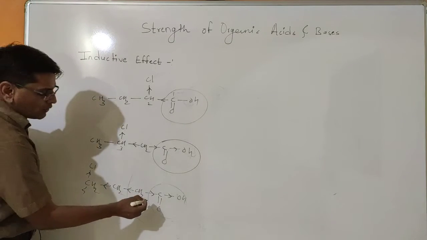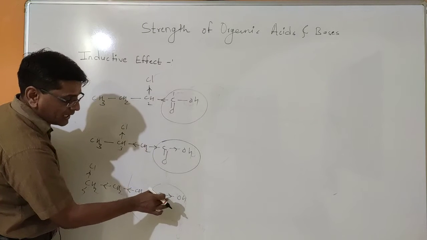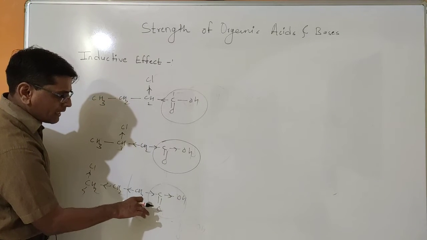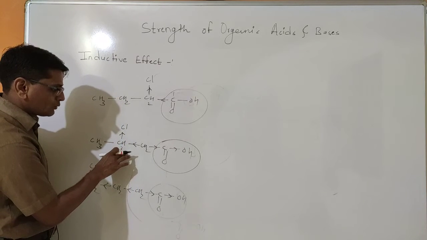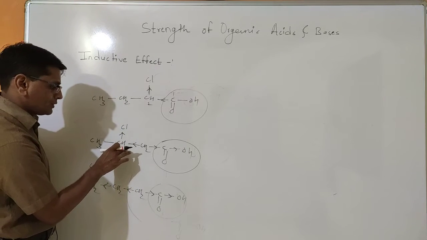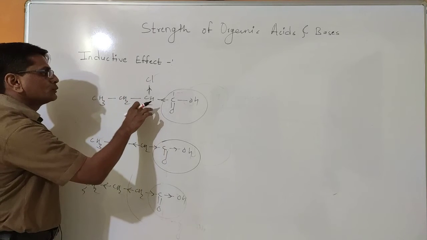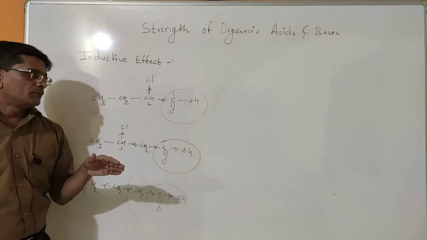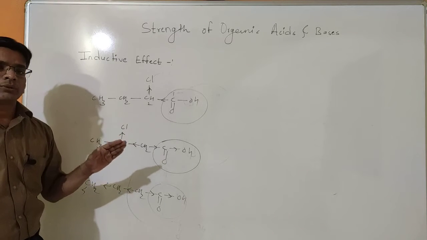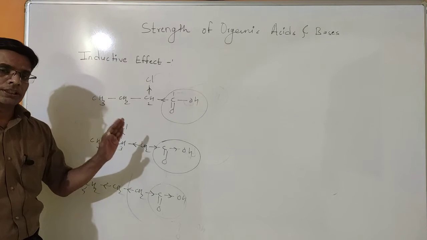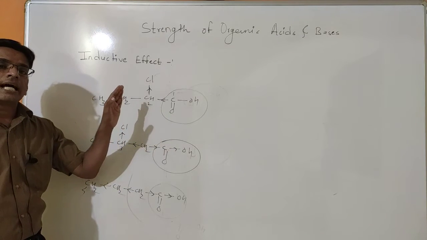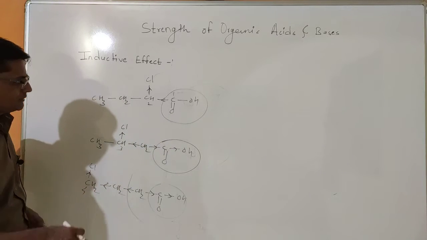That's why the electron density at the carboxyl center remains as it is. Due to that, this is still a weaker acid as compared to 3-chlorobutanoic acid, which is still a weaker acid as compared to 2-chlorobutanoic acid. So that means, remember, if the distance of the electronegative atom from the center increases, then the acidity decreases.